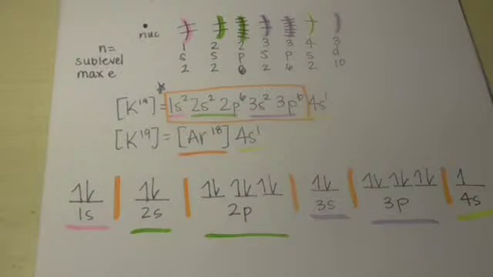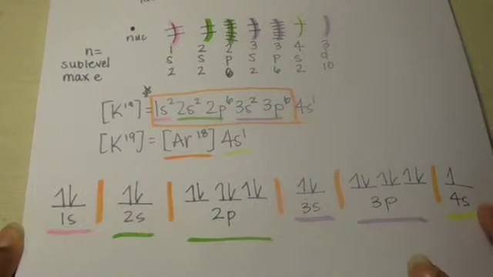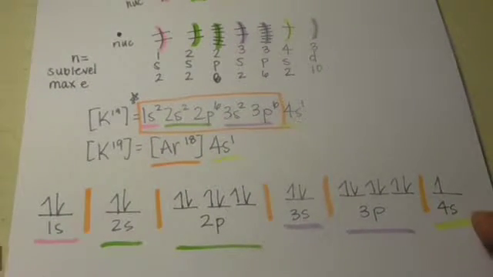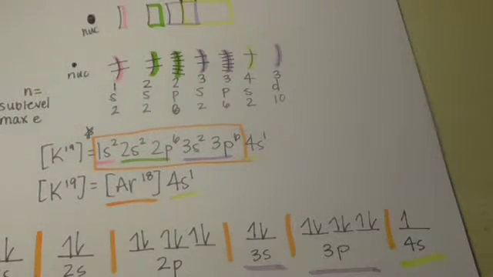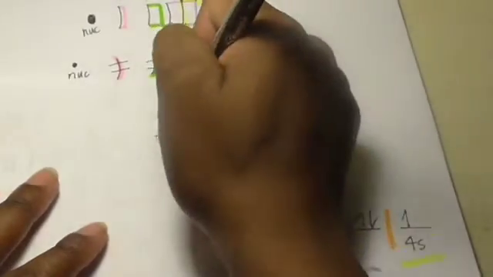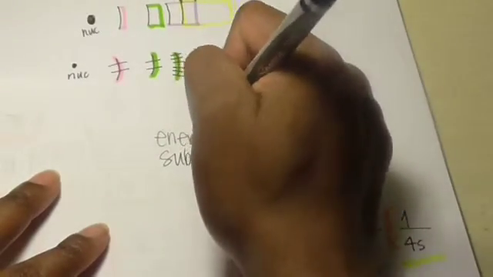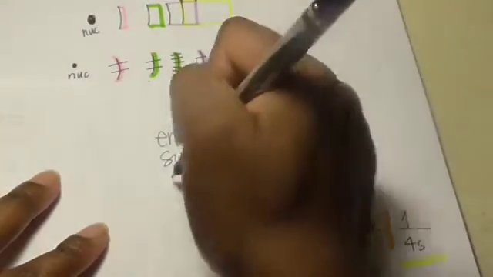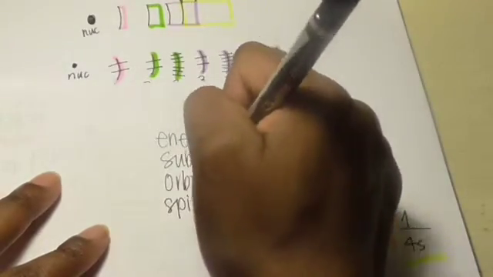Pauli exclusion principle kind of extended talks about the fact that all electrons, rather, should have 4 separate quantum numbers. And those 4 separate quantum numbers are energy level, sublevel, orbital, and spin.